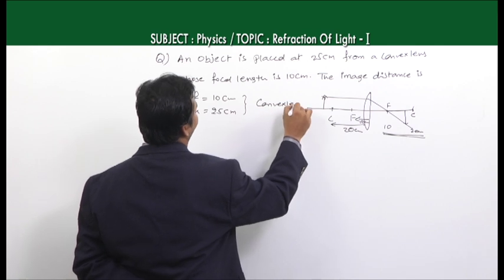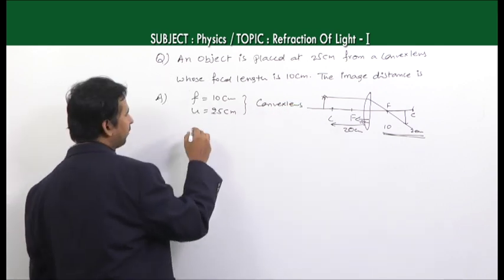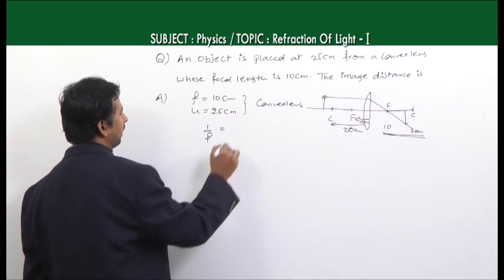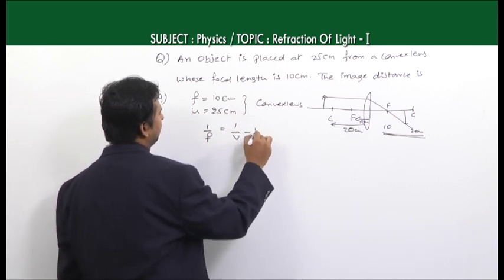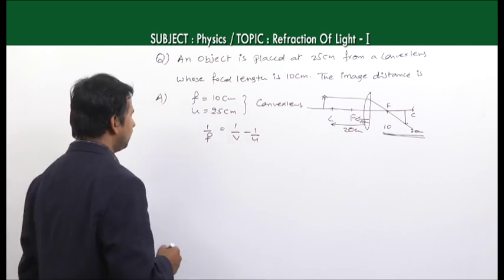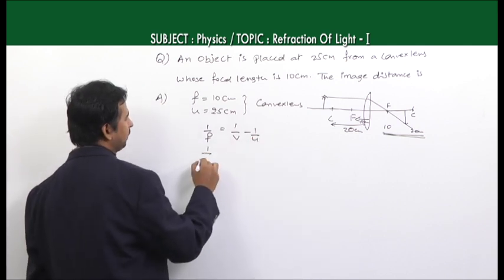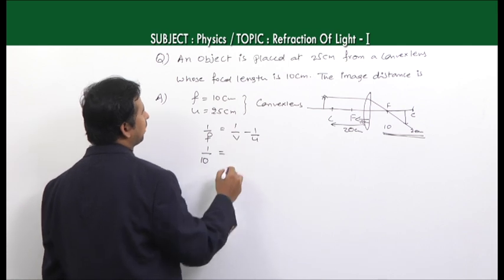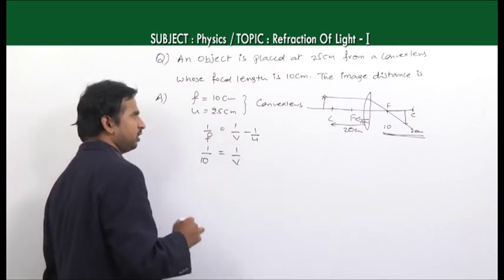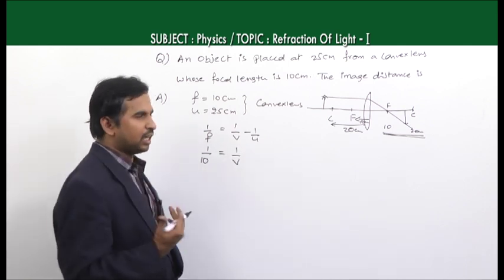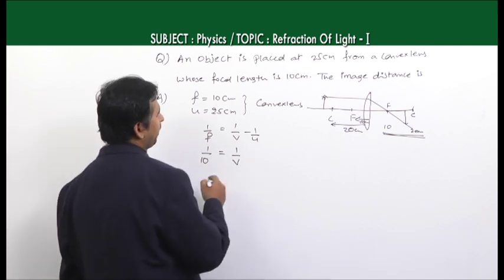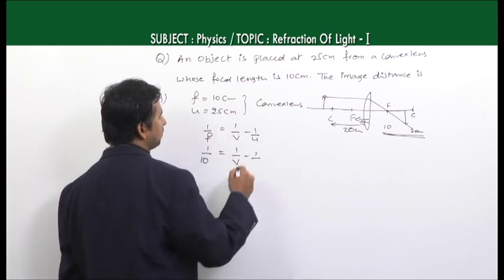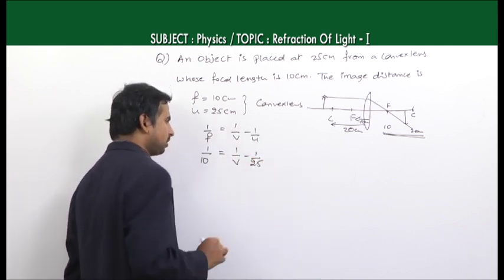First we substitute the values in our lens formula, where 1 by F is equal to 1 by V minus 1 by U. The focal length is 10 centimeters, the image distance we don't know, though from the ray diagram it should be in between F and C, and minus 1 by the object distance, which is 25 centimeters.